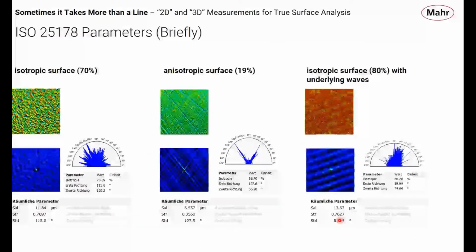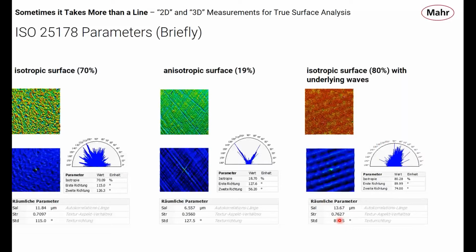A couple of interesting case studies. I know we're running a little short on time, but I really do want to get through these. On the left side, we have an isotropic surface. We look at that surface and say, aha, that's what he means by isotropic. I really can't see any one direction standing out as having any lay. Indeed.